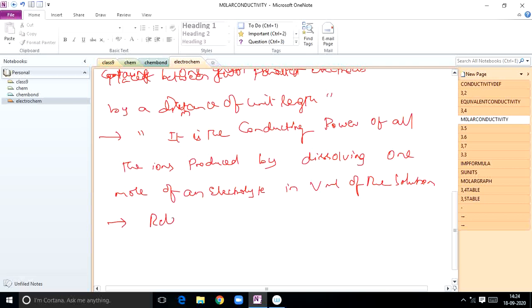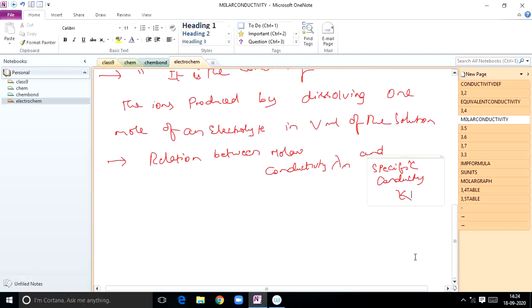Here I am going to write the relation between molar conductivity, that is lambda m, and specific conductivity. Specific conductivity is denoted by kappa, k. This is the relation between molar conductivity and specific conductivity k.